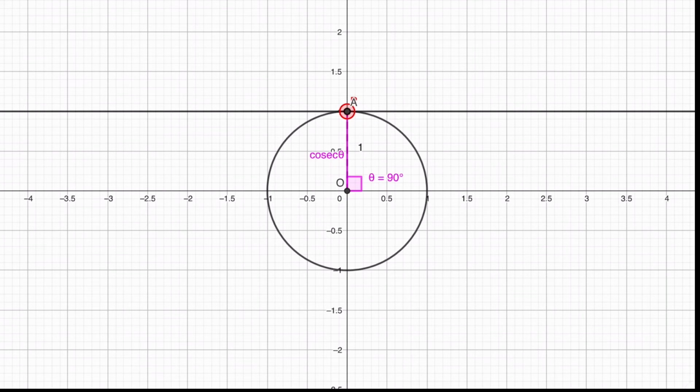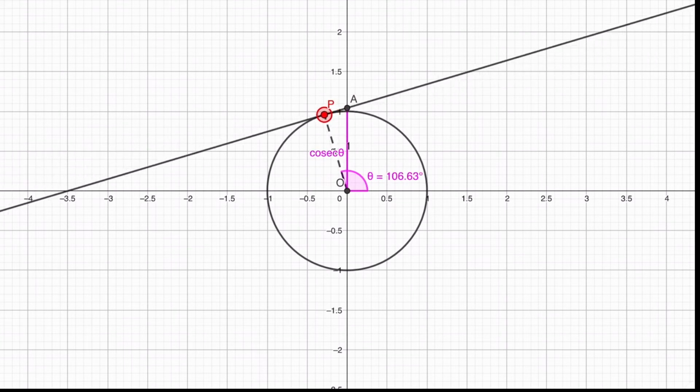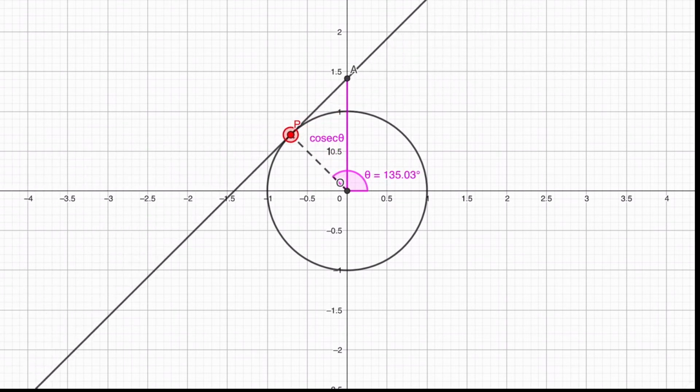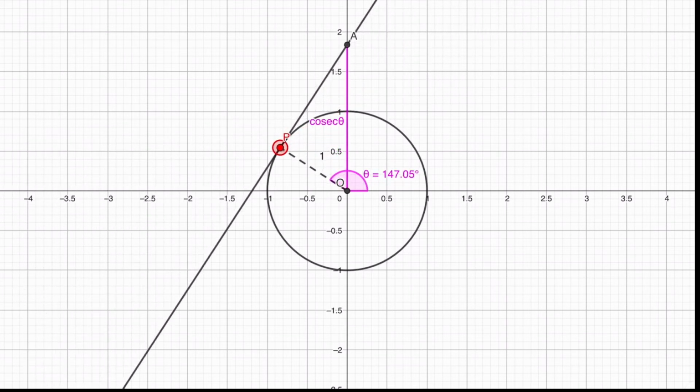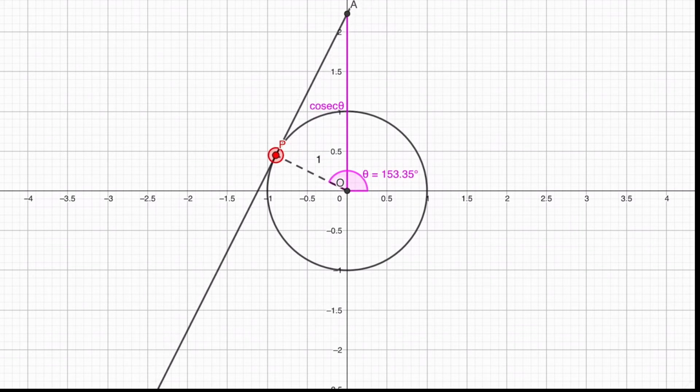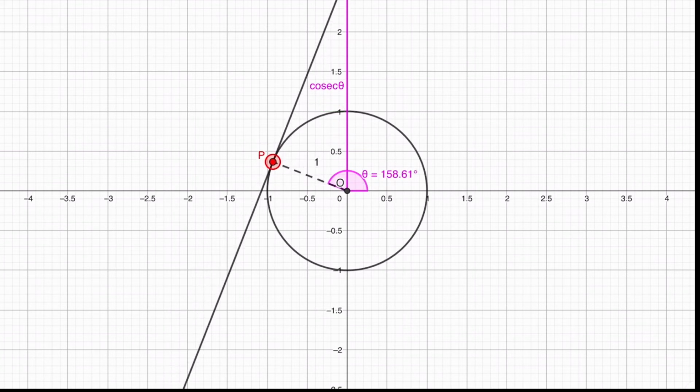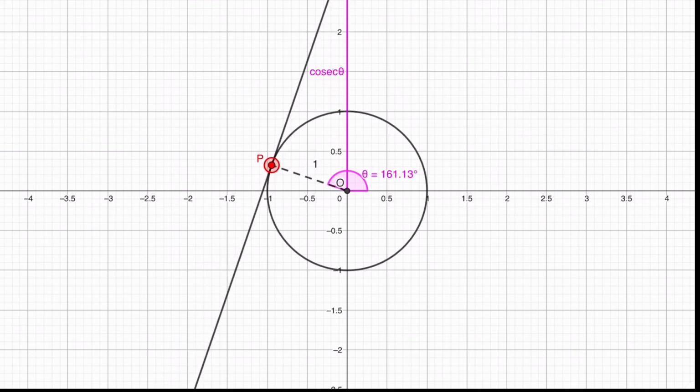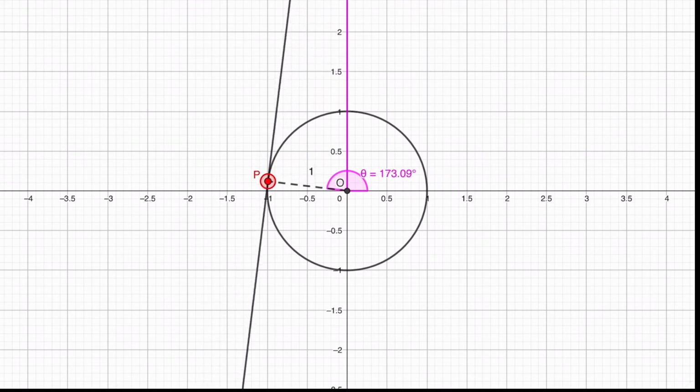In the second quadrant, we know that cosecant theta values are positive. So, as theta increases in the second quadrant, cosecant theta value also increases. Look at the line segment OA. Here the reference angle and angle OAP will be the same. And in the second quadrant, cosecant theta increases from 1 to infinity.